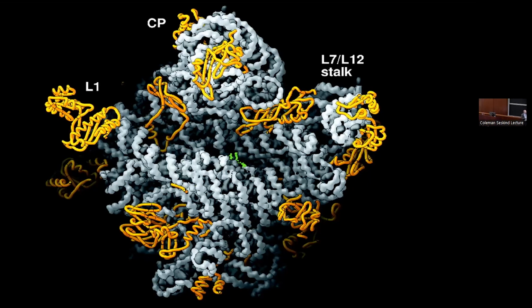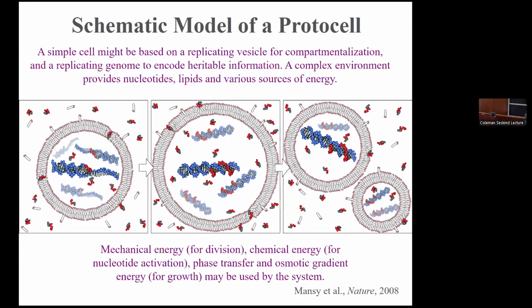Okay, so that's fine, but RNA is pretty complicated. Before we get into the complications, let me just go back to a simple model. Again, this is what we think of as a very simple primordial cell or protocell. A simple membrane might be made of fatty acids or slightly more complex lipids, and this replicated the genetic material.